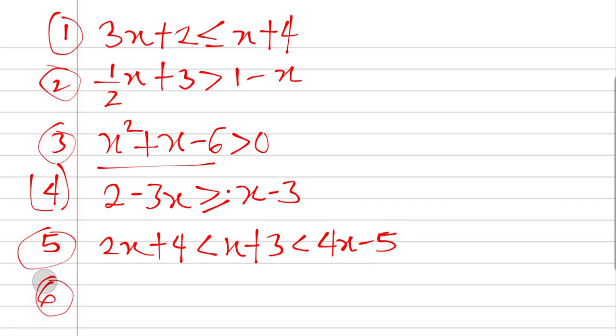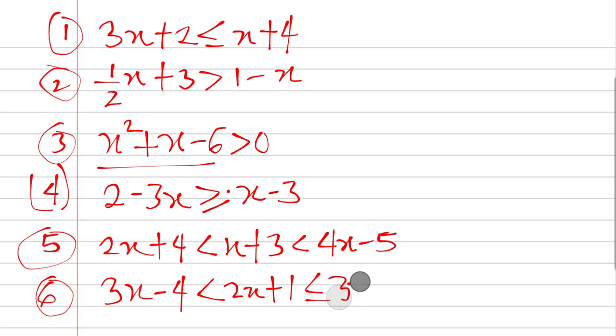Okay, so let me do something here. 3x minus 4 less than 2x plus 1 less than or equal to 3x plus 2. So just do these ones. Don't do this one yet.